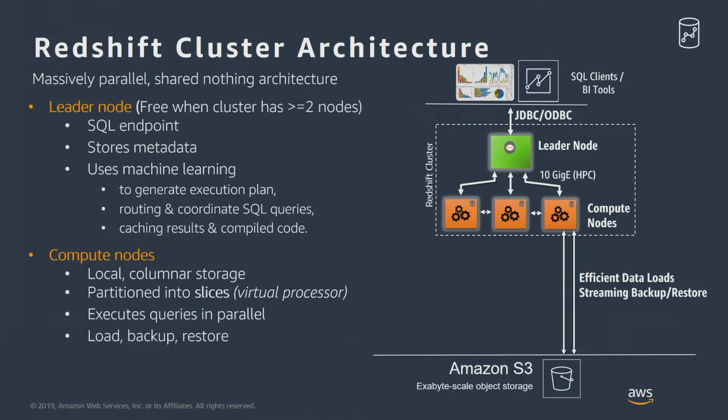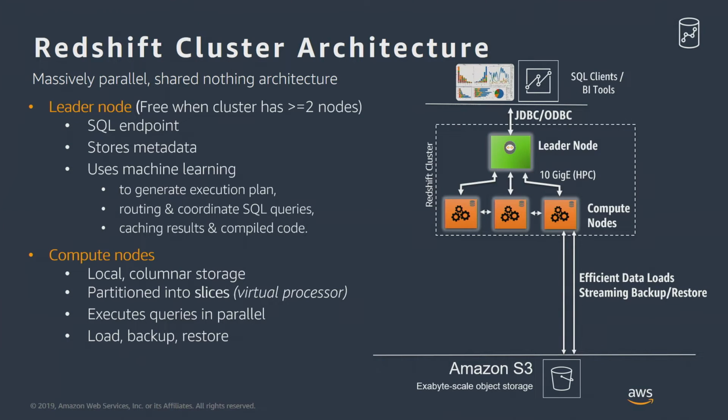Again, there's an interconnect between the leader node and those back-end compute nodes. This is a 10 gig Ethernet network. It's a private network just for that Redshift cluster. There's no other traffic running on this 10 gig network. So you've got super low latency connections between the leader node and the compute nodes themselves.